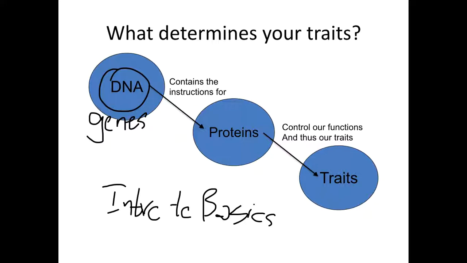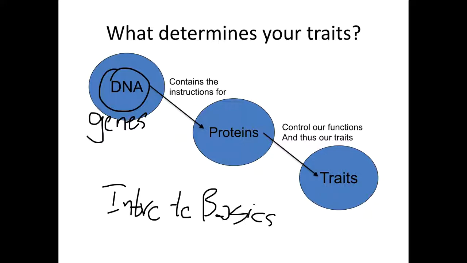So our genes contain the instructions for making proteins. The proteins are what are actually doing the things, controlling our functions, giving us abilities or not, as the case may be, and therefore that results in the traits that we see.